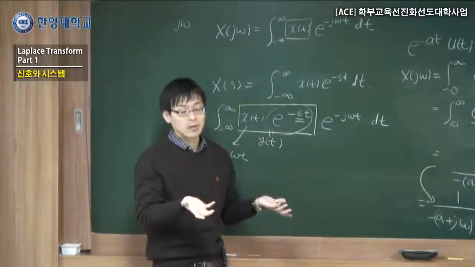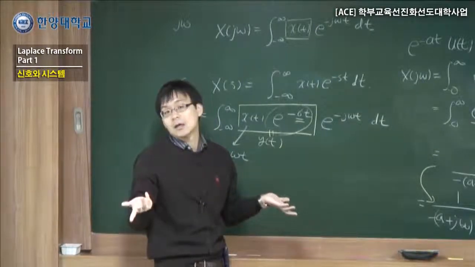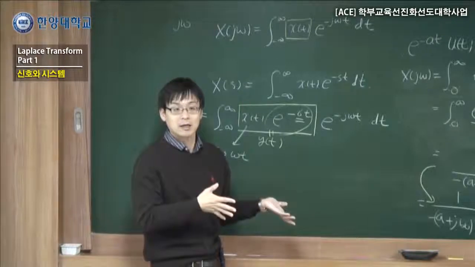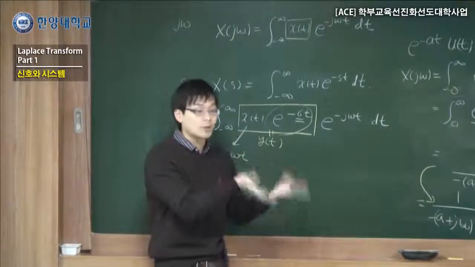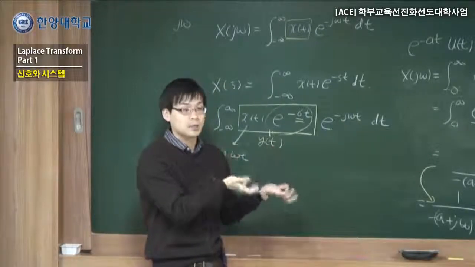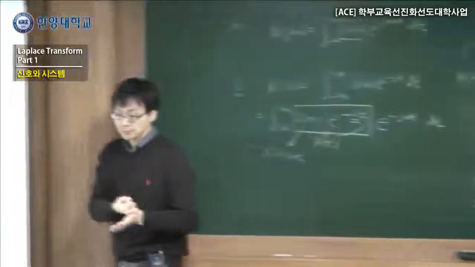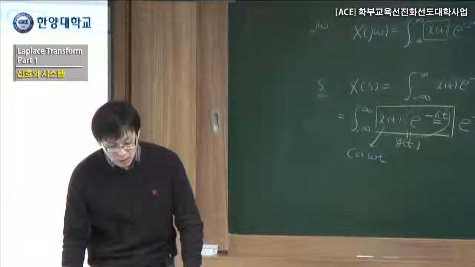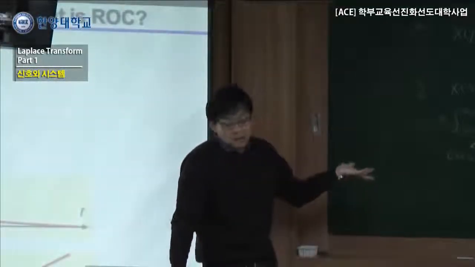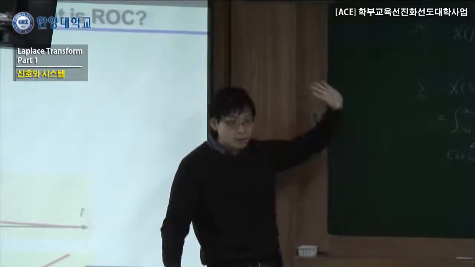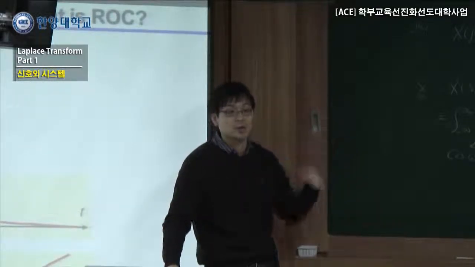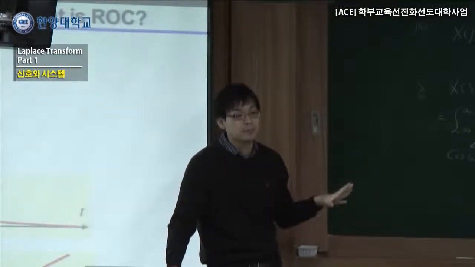If A is larger than 0, then that's fine. A is lower than 0, you cannot have the value. So region of convergence we already considered in previous cases. E minus AT may decay, which we can have the value, or may explode, diverge, which we cannot have the value. There's a problem.